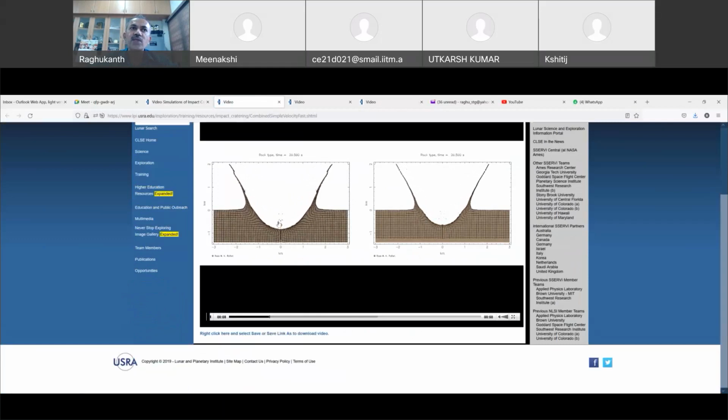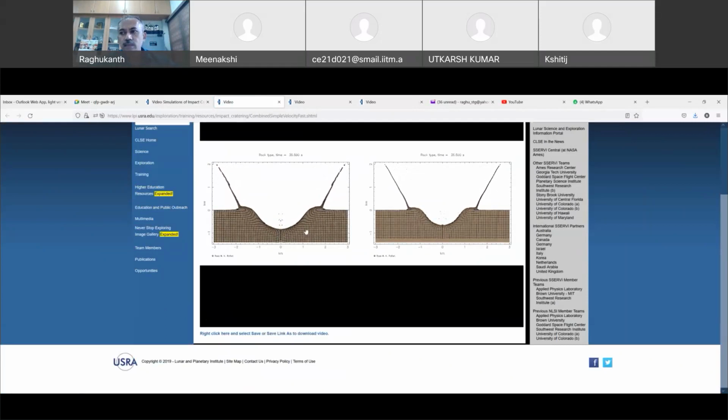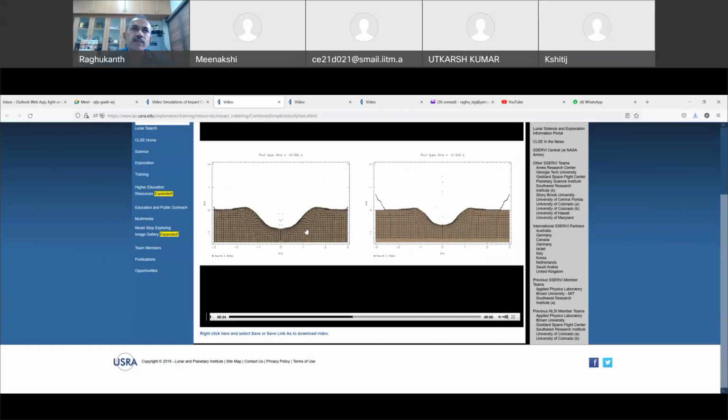Okay, when the impact velocity is so fast, say, now you can make some observations here also. What is the difference between a high velocity and a low velocity, what happens actually?